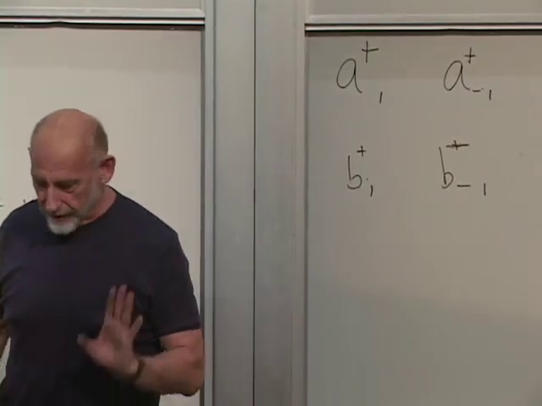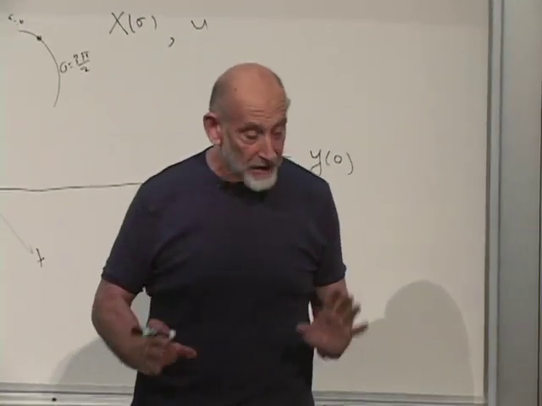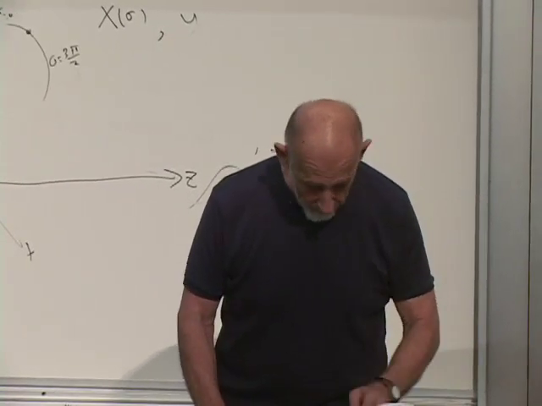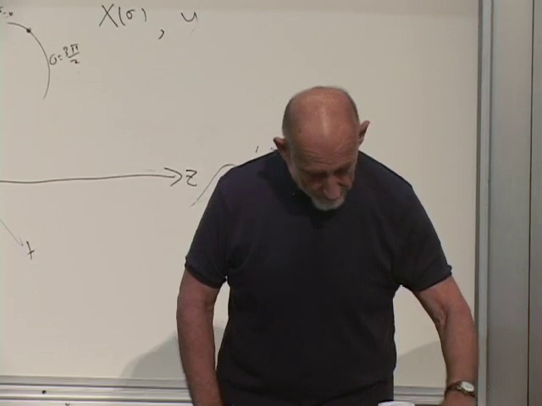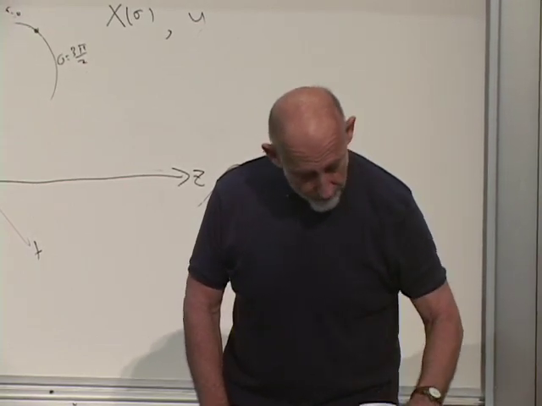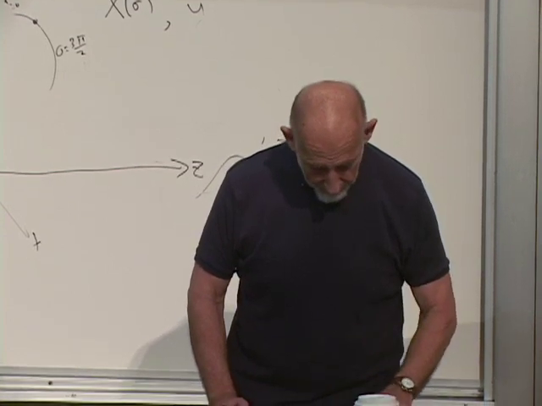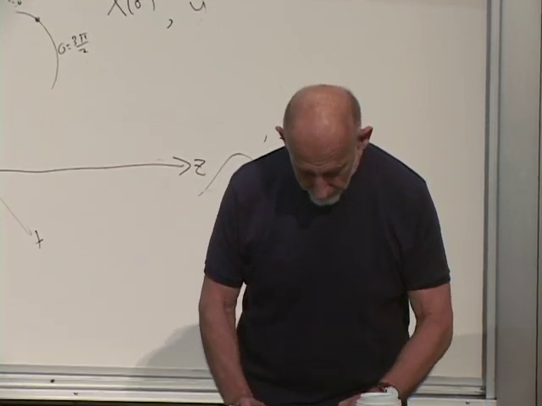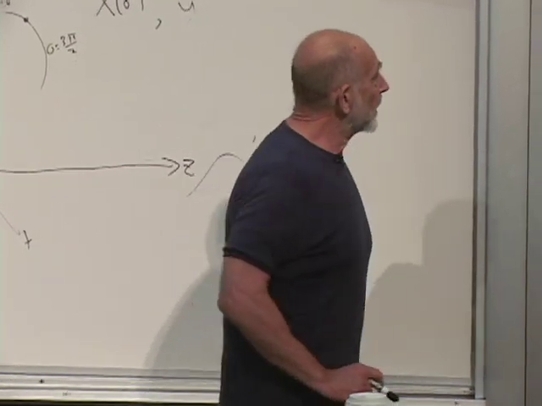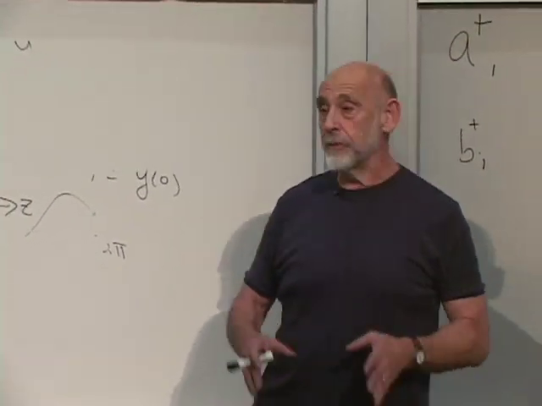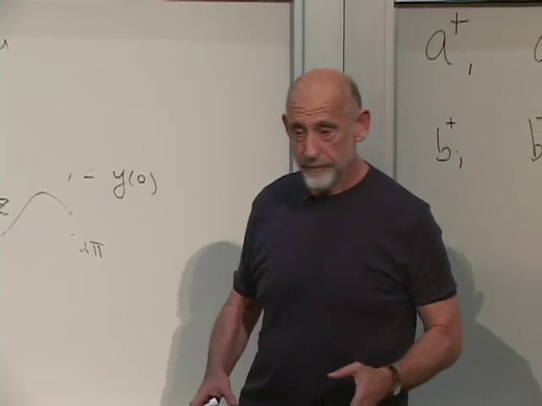I'm going to tell you now why it's not right. It's extremely subtle. Well, it's very easy, but it's a little bit complicated. Not all the things that you can write down correspond to legitimate states of the string.